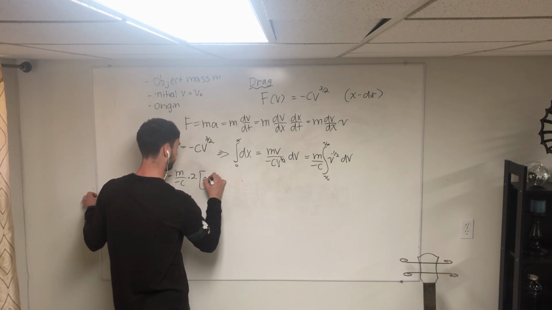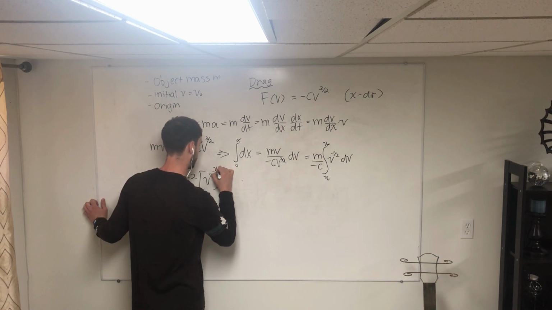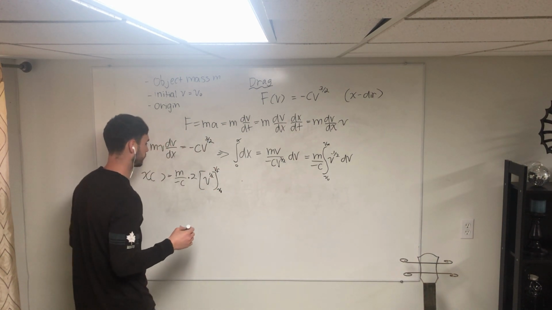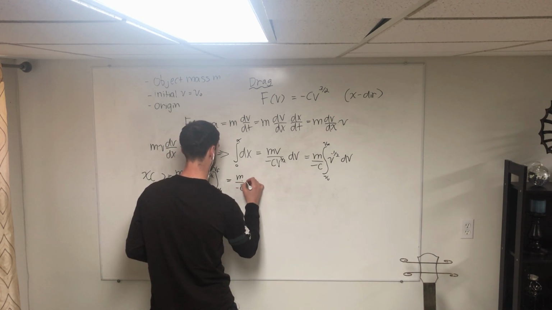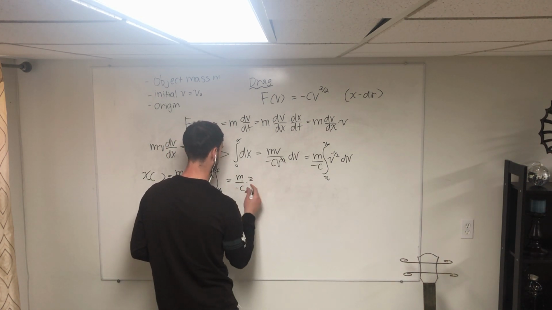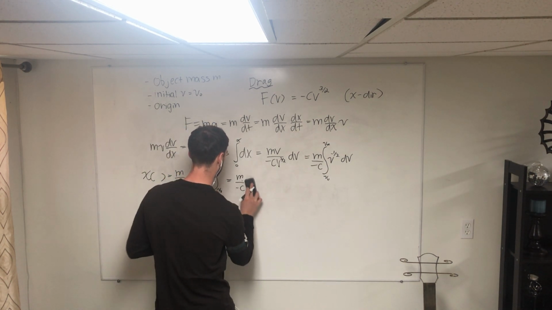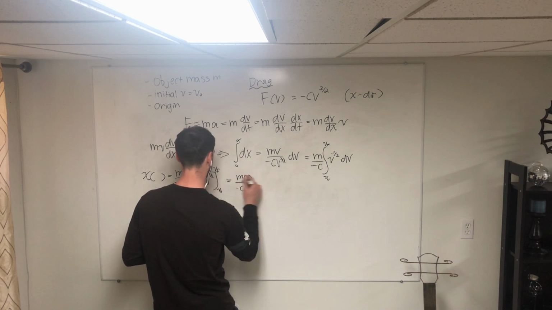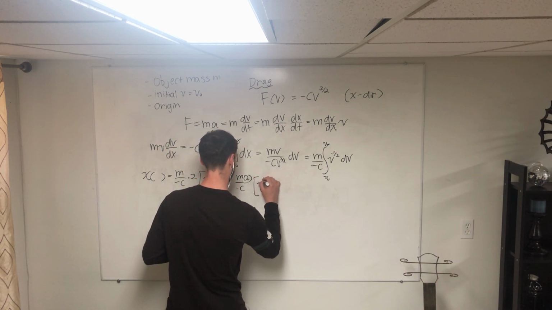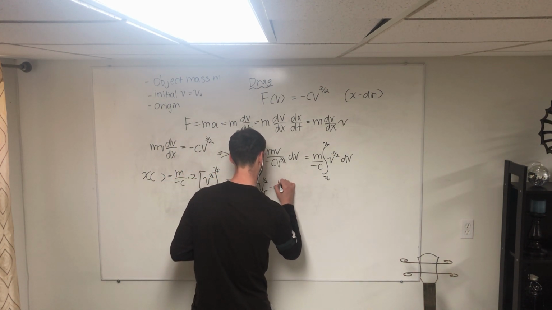You should be able to get that. v to the negative half, evaluated from vf to v0, which is going to equal m over negative c times 2, and then we have the square root of vf minus the square root of v0.